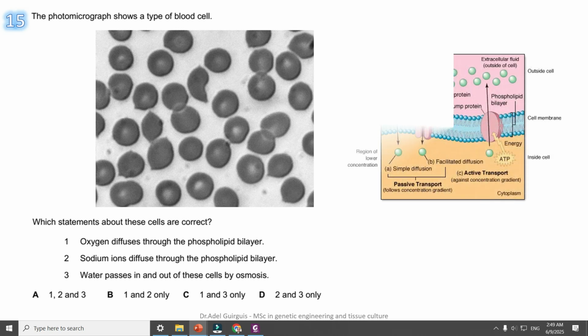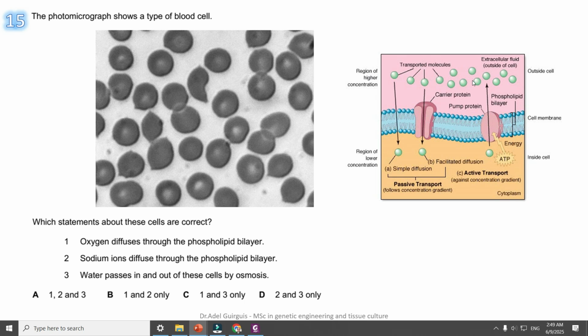Number 1. Firstly, this figure shows certain molecules to be transported inside the cell, for example, the phospholipid bilayer here. If a molecule passes directly through the phospholipid bilayer, it is simple diffusion from high to low.